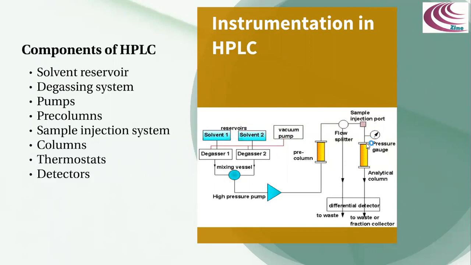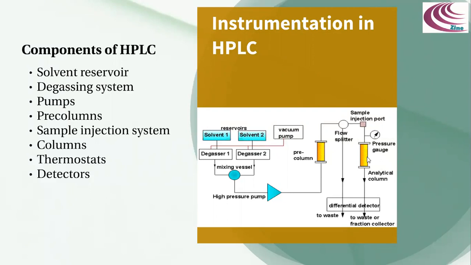The appropriate solvent or mobile phase from the reservoirs is allowed to enter the mixing chamber where a homogeneous mixture is obtained. A pump capable of maintaining high pressure draws the solvent from the mixing chamber and pushes it through the column.